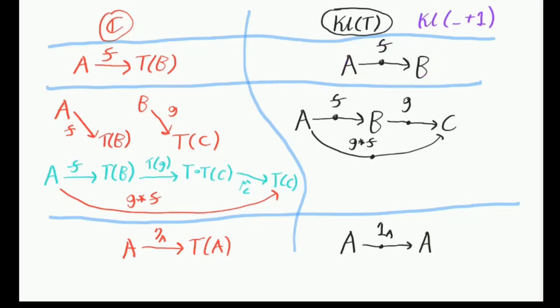Well, it's going to correspond to an ordinary arrow from A to T of B, or if you like, from A to B plus 1. And this is the core idea here, because what we're saying is that an arrow in this Kleisli category of the maybe monad corresponds to an ordinary arrow from A to B plus 1.